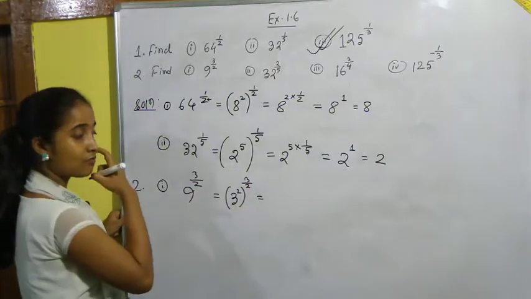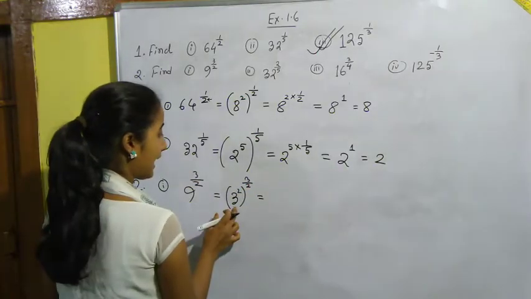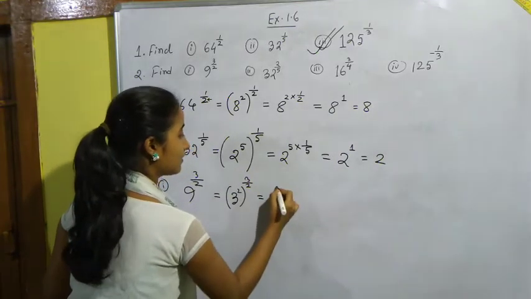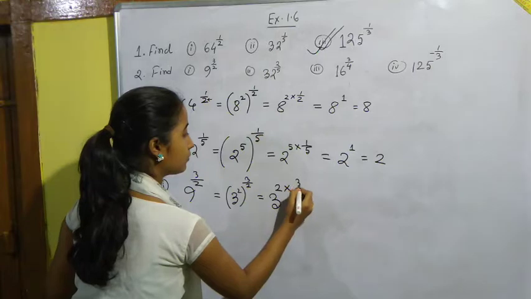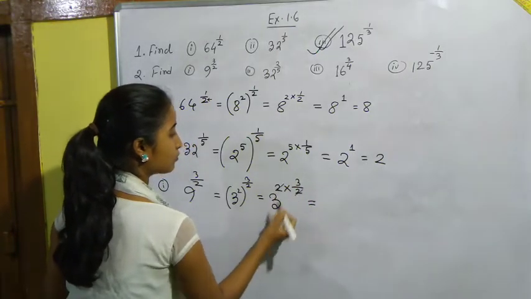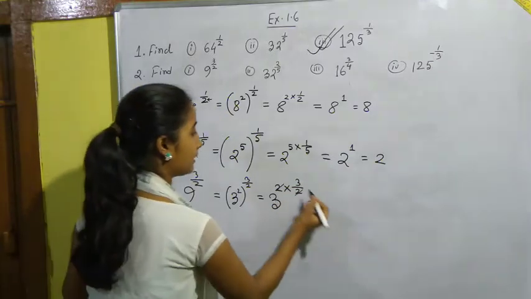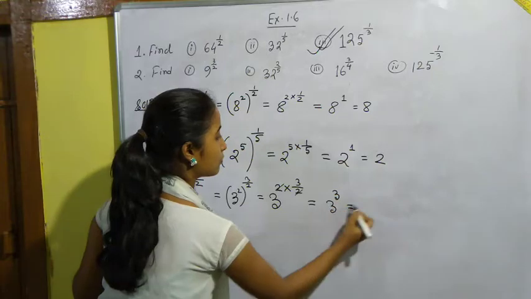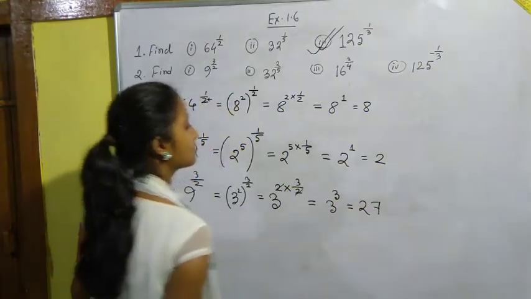Now it is of the form a to the power m whole to the power n. That means base 3, and the exponents 2 into 3 by 2. These 2 and these 2 are cancelled out and the remaining number is 3 to the power 3. That means 3 to the power 3 means 27.